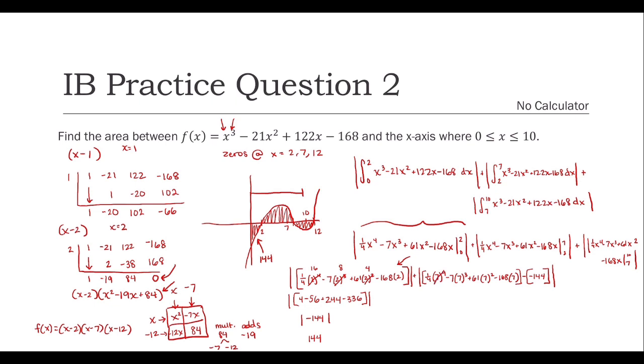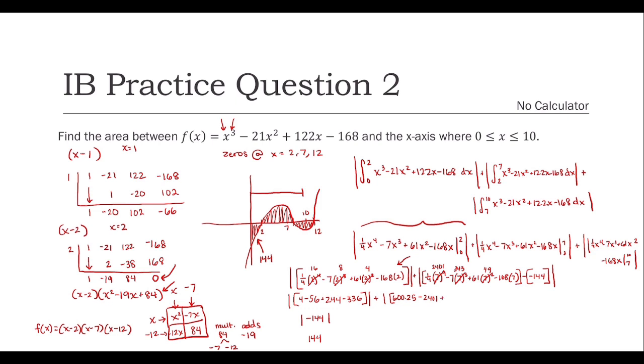7 to the 4th is 2,401. 7 cubed is 343, and 7 squared is 49. So we have plus the absolute value of 1/4 times 2401 is 600.25. Negative 7 times 343 is negative 2401.